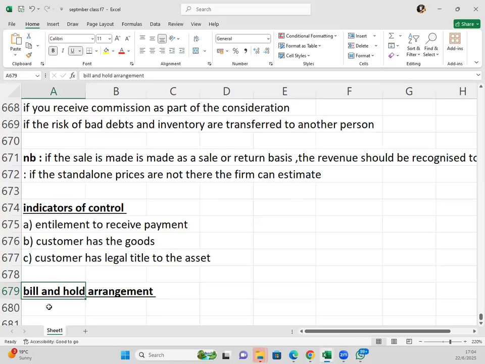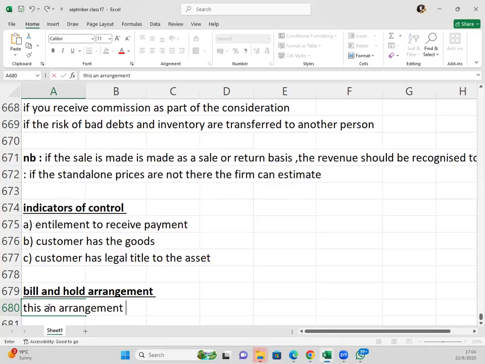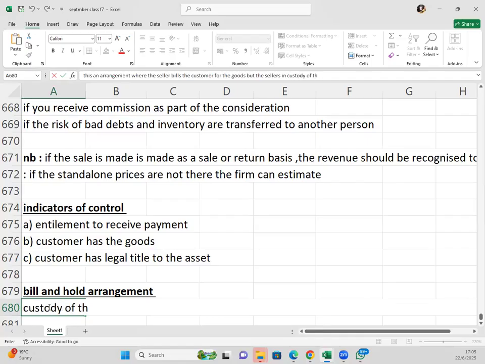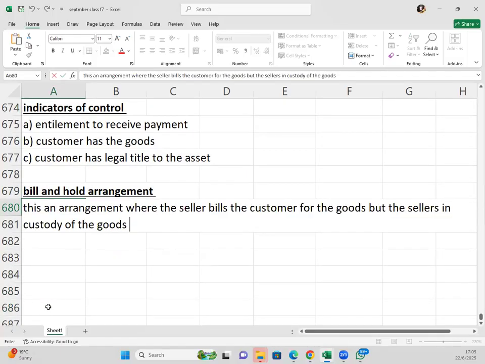This is an arrangement where the seller bills the customer for the goods, but the seller remains in custody of the goods, or remains with the physical possession of the goods until a later date.